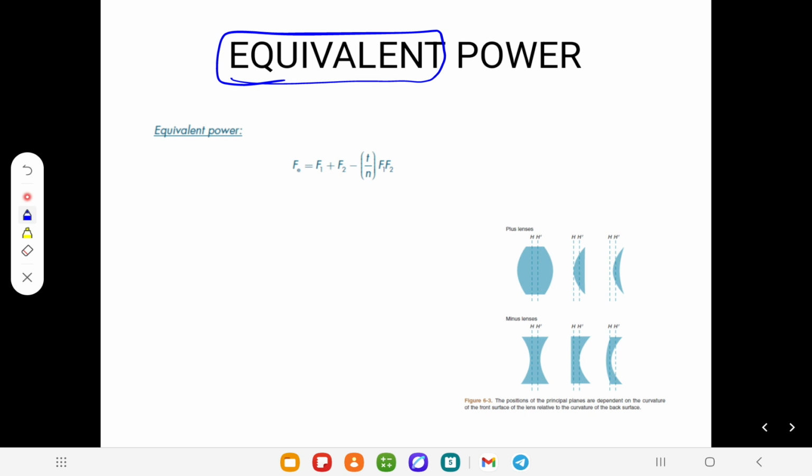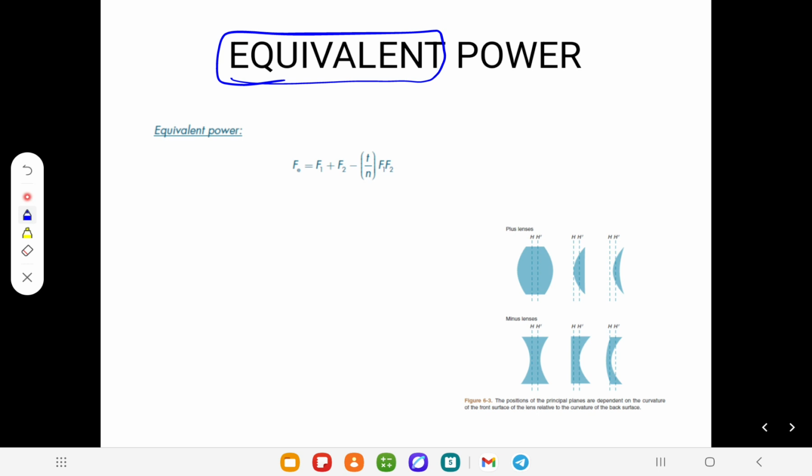And what should be the power of that surface? That's the concept of equivalency. It means you replace the system and tell me one power for that system. This is called equivalent power.